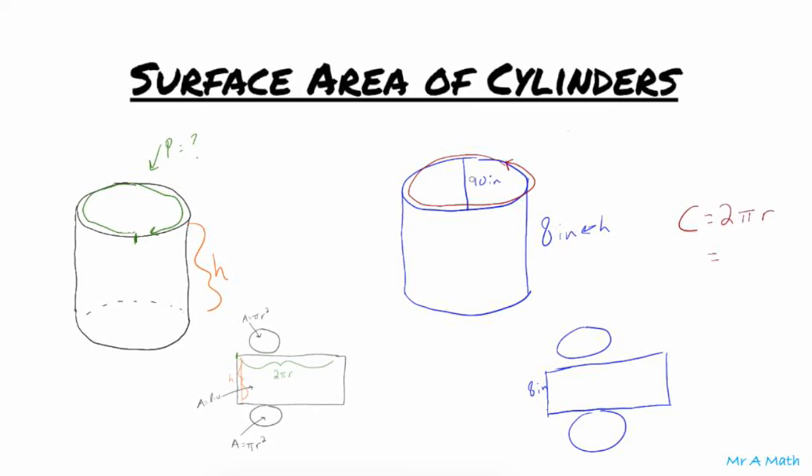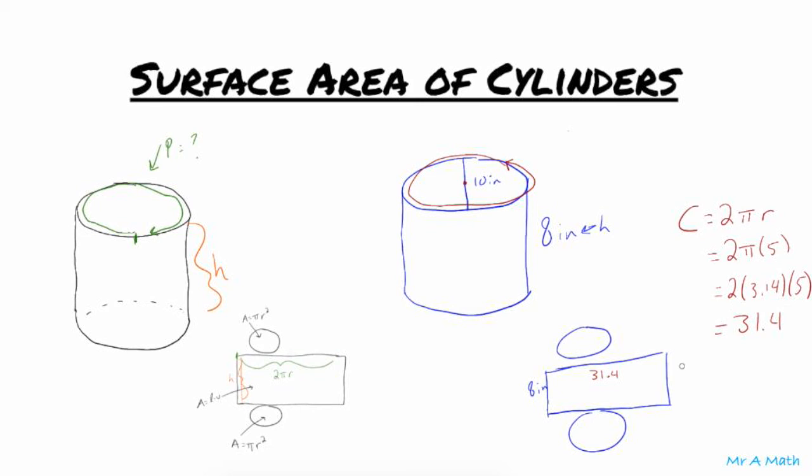And if my diameter is 10 inches, that means my radius from the middle to the edge is going to be half of that. So my circumference is 2 pi times the radius, which is 5, since my diameter is 10. If I type into my calculator 2 times 3.14 times 5, I get 31.4. And so that means that the width of this rectangle is 31.4.